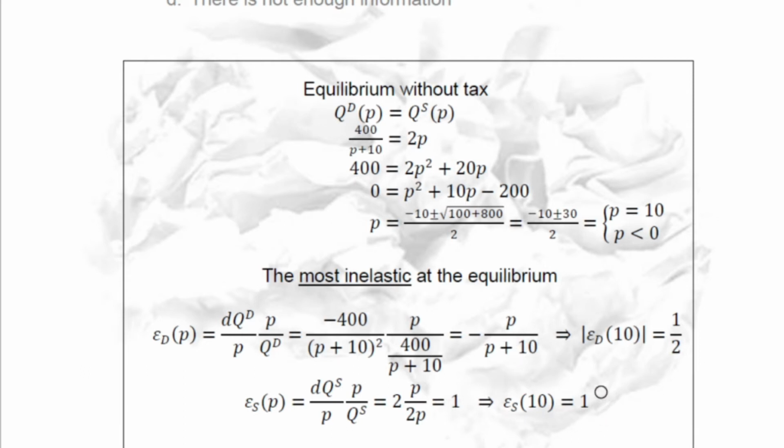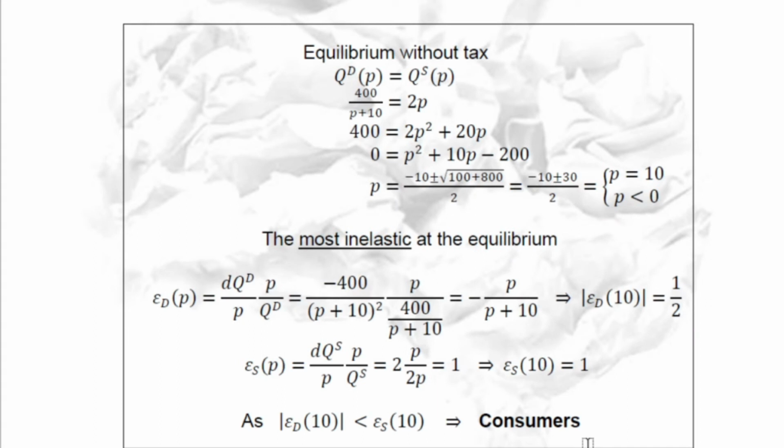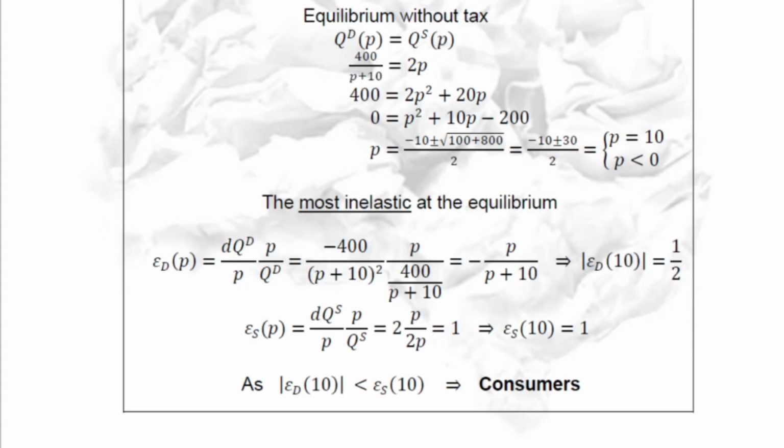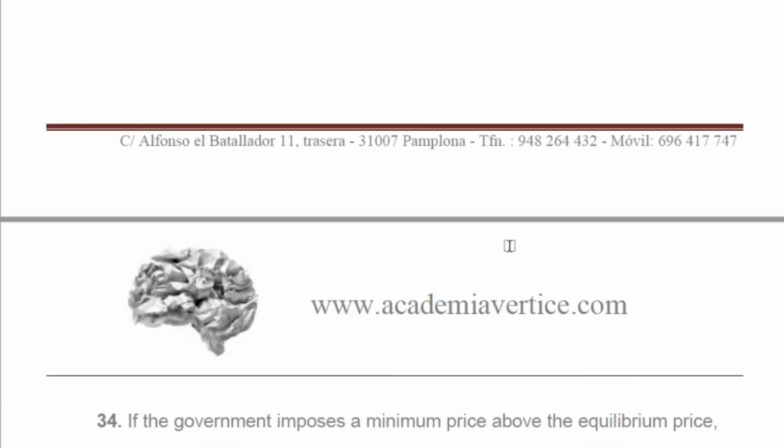So the price elasticity of supply at that point, and at any point in fact, is 1. So the demand is more inelastic than the supply, so the consumers will bear more of this tax. Who bears more the tax incidence? Consumers. Well, in some universities this is seen in the first course, so even if we are not used to doing this, you should know how to do it.